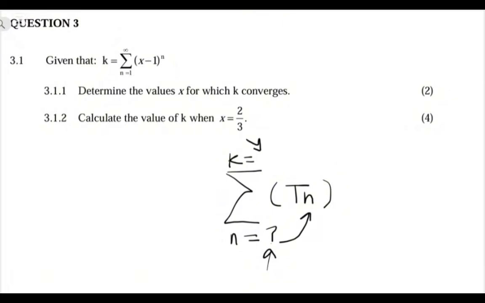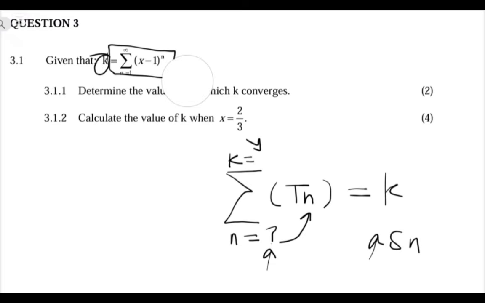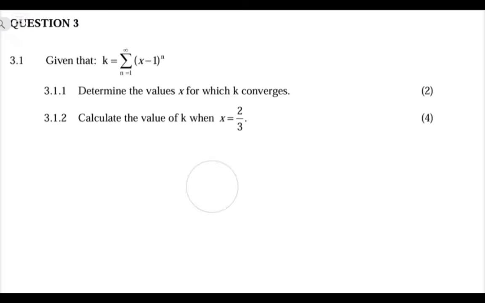When you put it there, you're going to get the last term. And when there is an equal to something, this is what we call the sum. So k here is the sum. The sum of this is equal to these things that are here. Perfect. It is very, very good for you to understand this before we start.